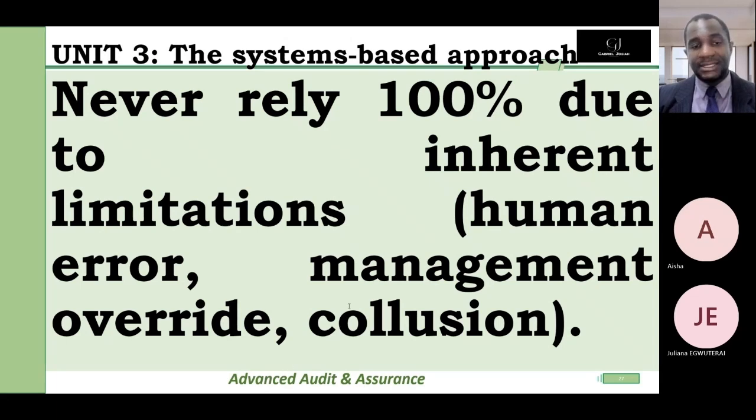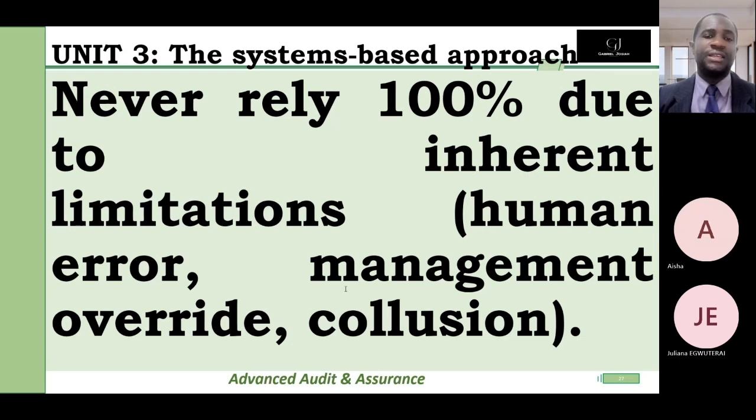So it's very important that a high control risk will increase our substantive testing from our assessment. That means controls are weak and they are unreliable. So we need to increase our substantive testing, while a low control risk will reduce substantive testing. That means the controls are strong and you can rely on them.